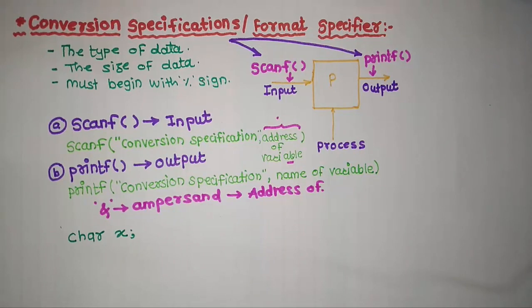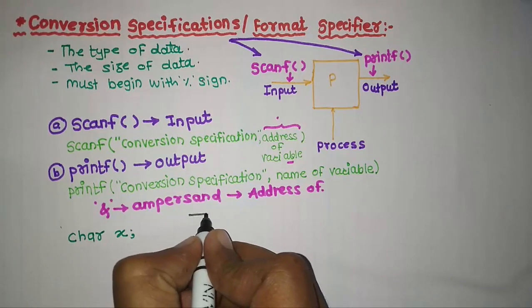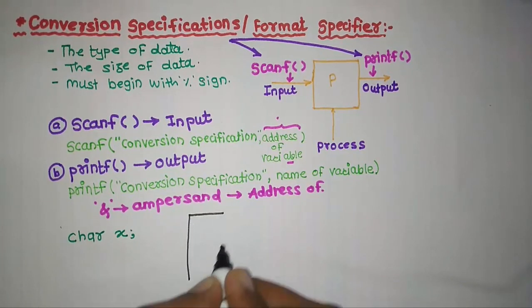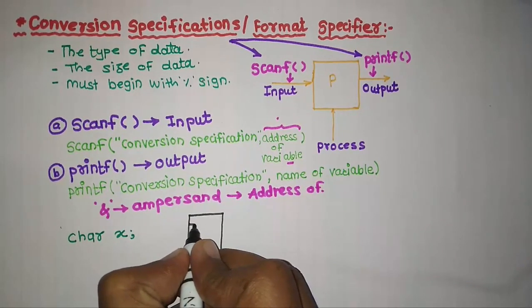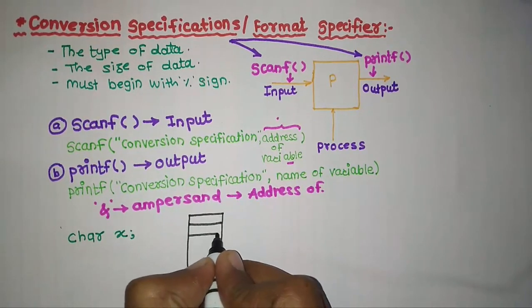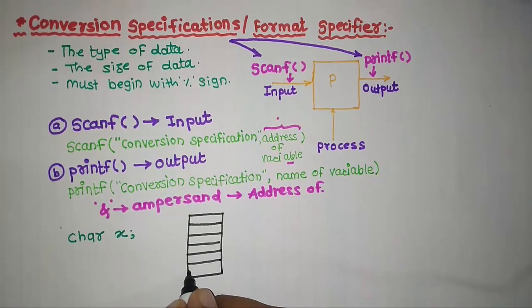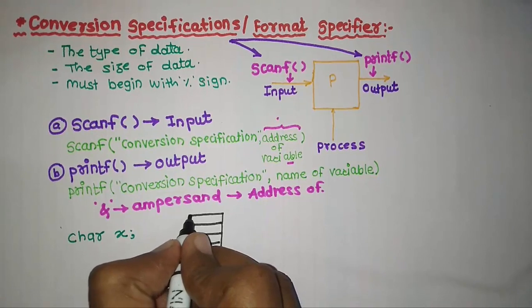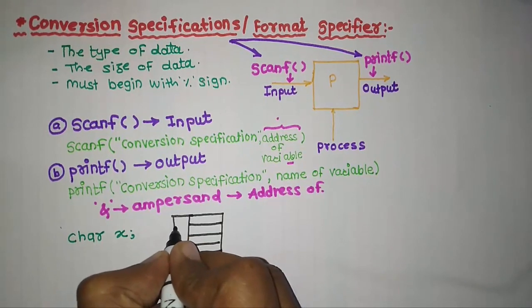We know that a computer contains a memory. This memory has different slots: slot number 1, slot number 2, say 3, 4, 5 and 6 suppose. And each of these slots possesses a specific address.